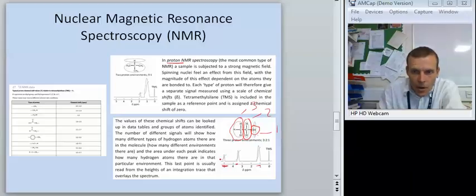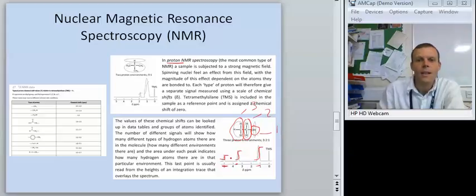And we have overlying these little squiggles, and these are called integration traces, and they help us easily see the area under the peak, which is representative of the number of hydrogens that make it up. So if we measure the height of that, the ratio of those heights would be 1 to 2 to 3.